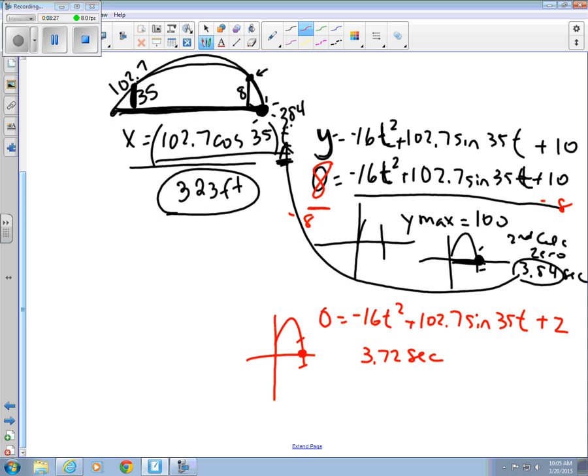Then to find out how far from the launch point, I'm going to put this 3.72 seconds in right here and multiply this out. When I do, I get 313 feet. So at 323 feet, the guy's dead. At 313 feet, he's 8 feet up, and he's landing safely in the net.